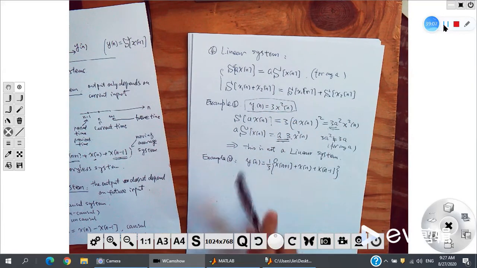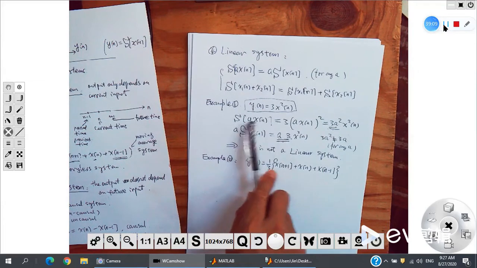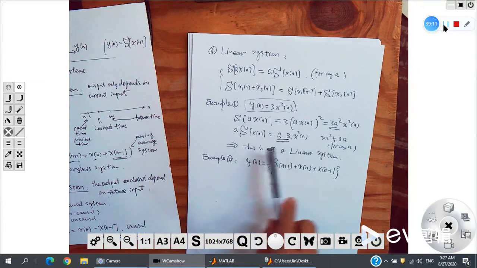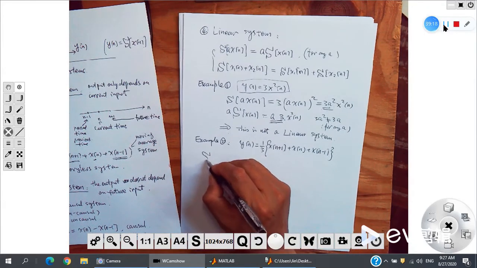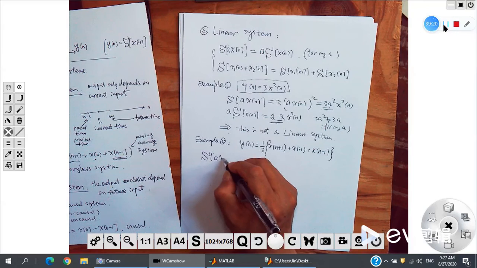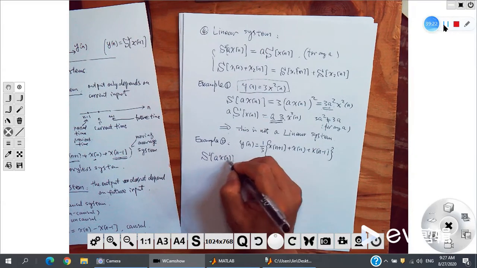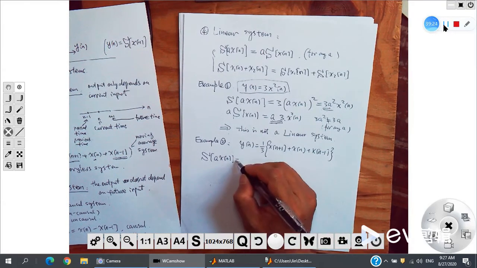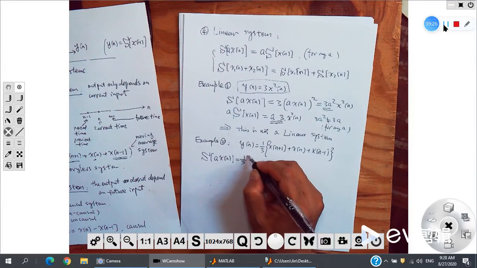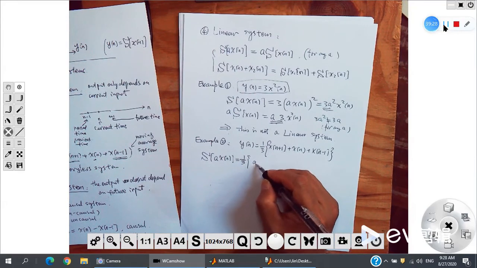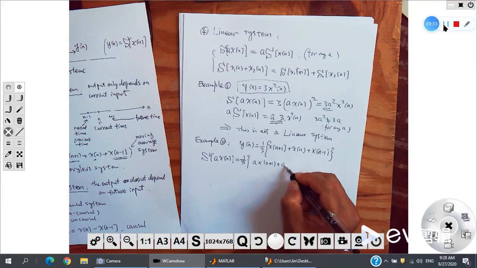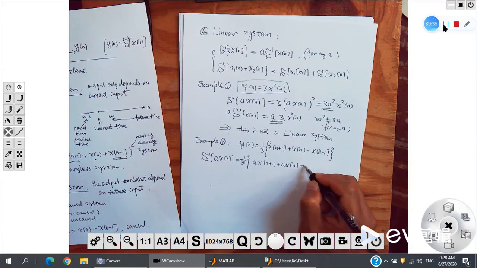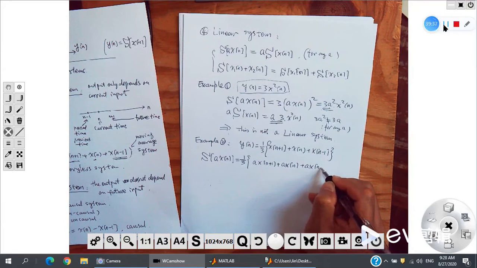If, similar to example 1, the first condition does not hold, then you say it's not a linear system, right? For this one, you can see S of a times input, a times x as the input, then it will be 1/3 of the input value: a x at n plus 1, and a x at time n, and a x at time n minus 1.